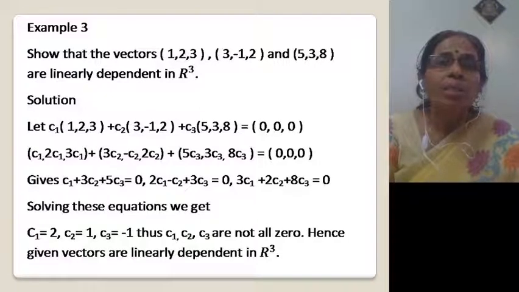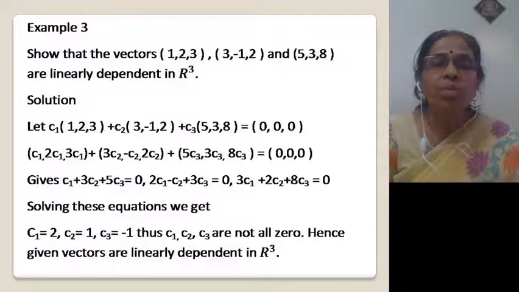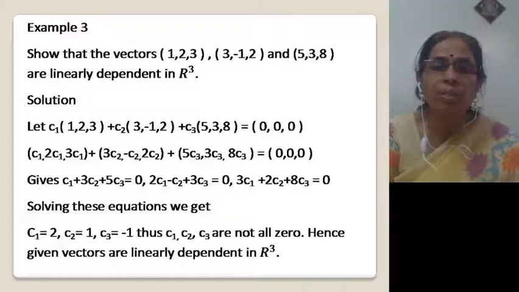By scalar multiplication of vectors, we get (C1, 2C1, 3C1) plus (3C2, -C2, 2C2) plus (5C3, 3C3, 8C3) equal to (0, 0, 0), which gives us C1 plus 3C2 plus 5C3 equal to 0, 2C1 minus C2 plus 3C3 equal to 0 and 3C1 plus 2C2 plus 8C3 equal to 0.